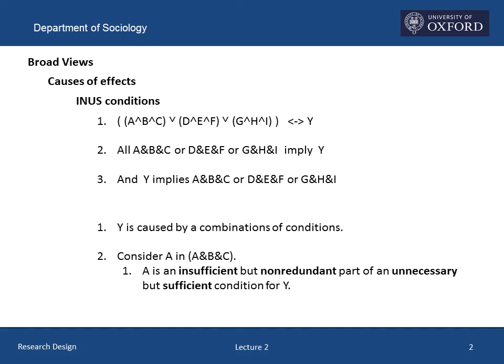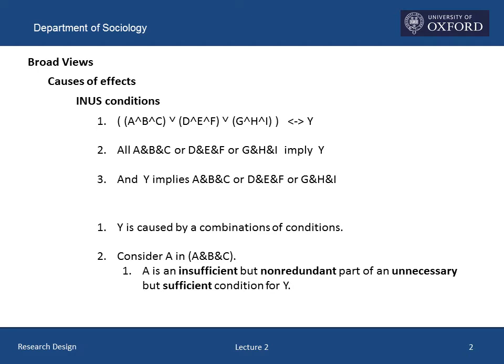Most events will have many causes, in the sense of a number of non-trivial, necessary and sufficient conditions. Again, there are some standard moves to deal with this. Consider the following case. It turns out that the joint occurrence of events A and B and C, or of events D and E and F, or of events G and H and I, implies that events of type Y occur.